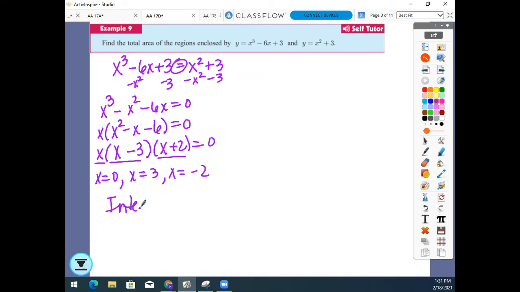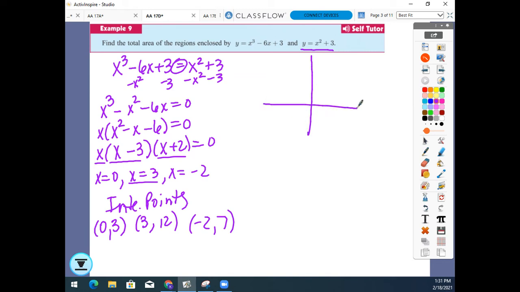All right. Now, what also might be helpful, let's find the actual points of intersection. I'm going to use this equation because it'll be the easiest. If you plug in 0, I get (0, 3). If I plug in 3, 3 squared is 9, plus 3 is 12, so (3, 12). Plug in -2, that's 4 plus 3, so (-2, 7). So these are the 3 places that they intersect.